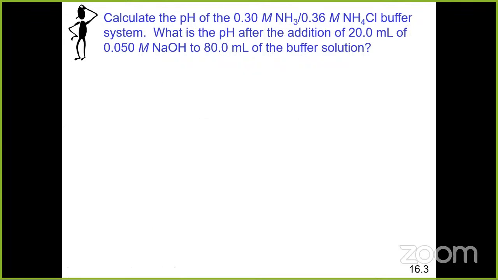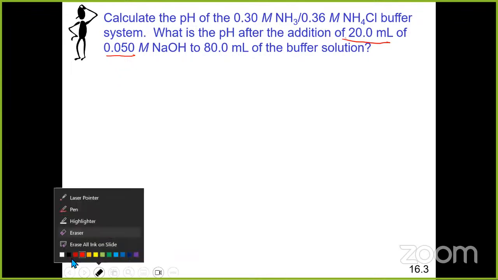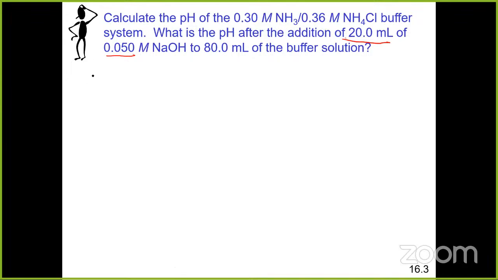So the first thing we have to ask ourselves is, what would be the number of moles of the base added? They gave you the volume, which is 20.0 mL, and they gave you the molarity, which is 0.050 M sodium hydroxide. So therefore, the number of moles of sodium hydroxide would be equal to the volume multiplied by the molarity.